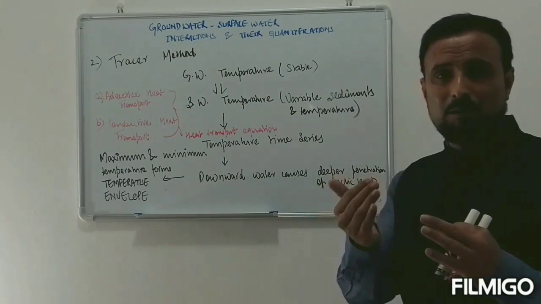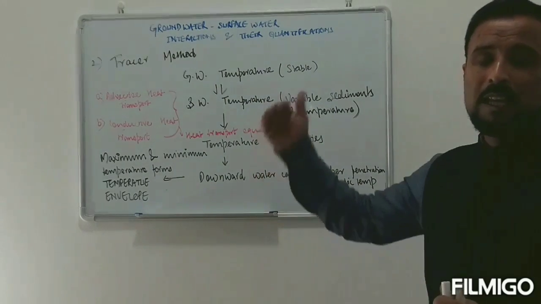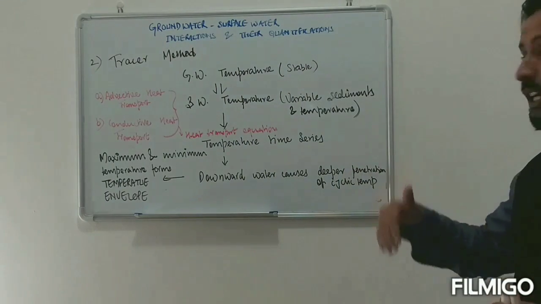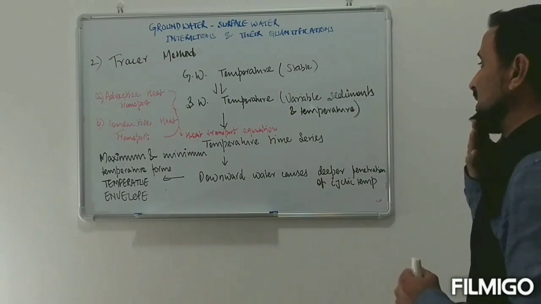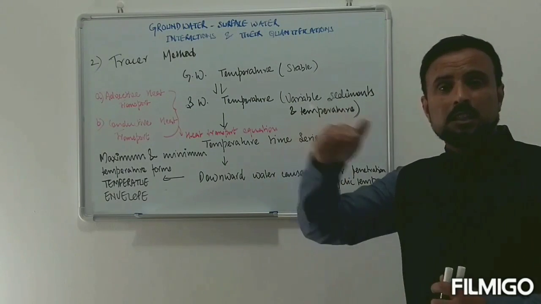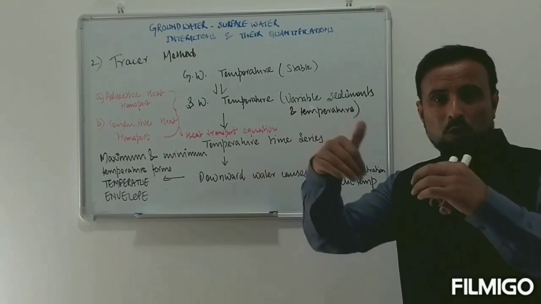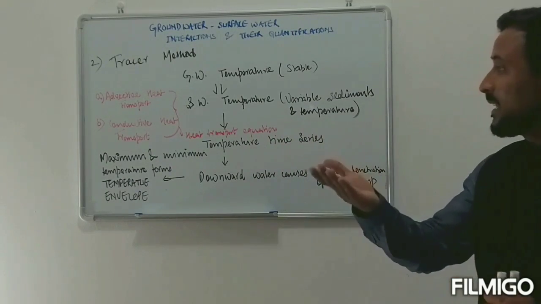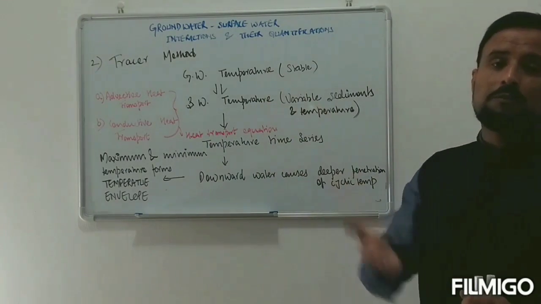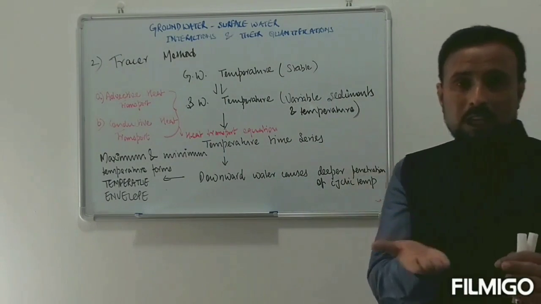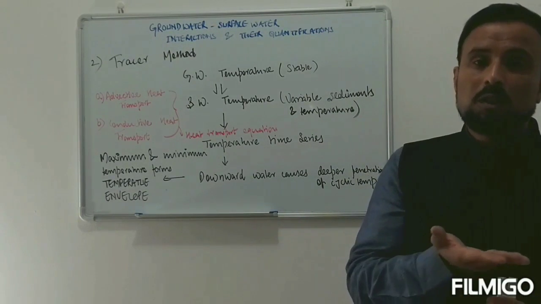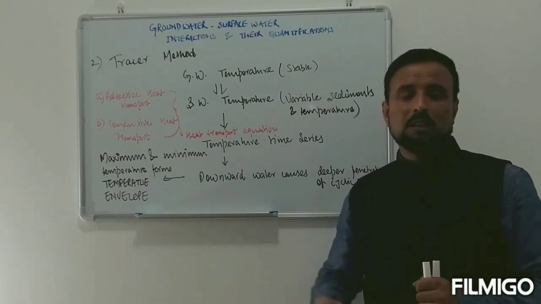Suppose there is a losing stream, where surface water is losing water to the groundwater. In that condition you will find variable sediments and variable temperature in the surface water layer, because this water is going down. But when there is a gaining stream, where the groundwater is coming to the surface water, you will find not much temperature difference and not much sediment difference, because the groundwater layers are not exposed to the outer conditions.